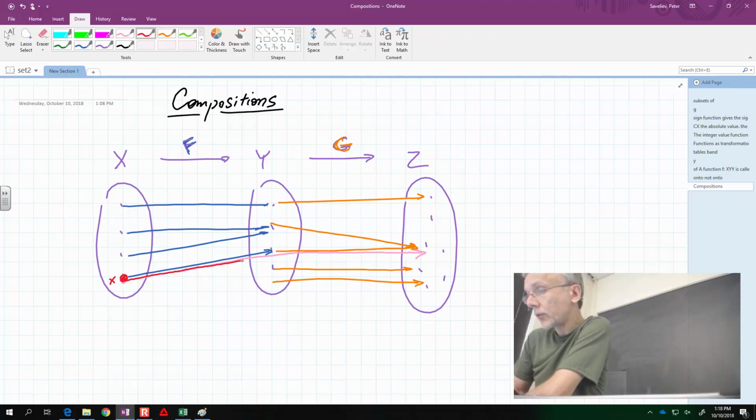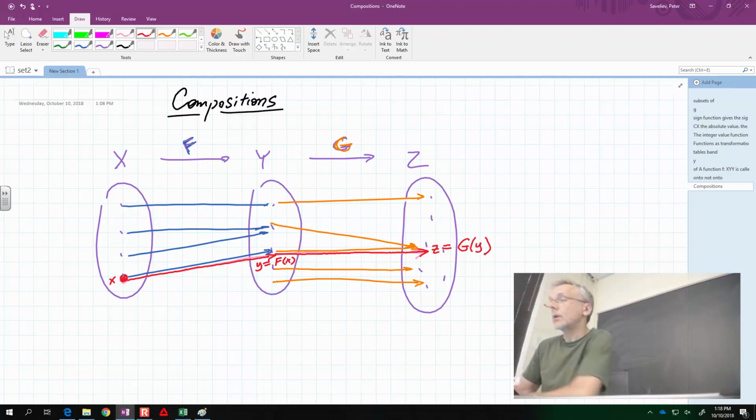I move to y, so y is equal to f of x, and then I follow the arrow for the second time towards z, which is g of y. So again, what I have written here are two steps that are unrelated from each other, even though I cannot carry out the second step until I'm done with the first.